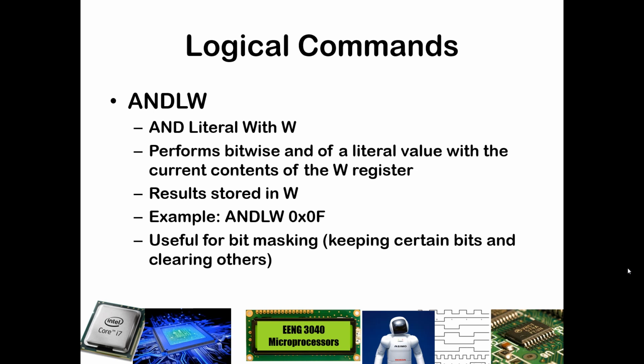And that showcases that this is really useful for what is known as bit masking, which is where you might only be interested in a few of the bits in a register, and you don't want other bits that are unimportant modifying your logic. And so in this case, you can keep certain bits and clear out others. So doing an ANDLW 0x0F would clear out the upper 4 bits and maintain the lower 4 bits.